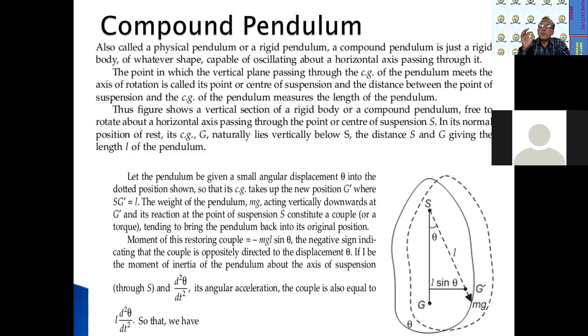And the compound pendulum is a rigid body, whatever may be the shape. वहां पे पहले धागा और बॉब जरूरी थे, यहाँ पे धागा और बॉब जरूरी नहीं, कोई भी शेप की बॉडी रहना, वो रिजिड बॉडी रहना, और वो रिजिड बॉडी किसी कील से लटका के ऐसी पोजीशन में रहना कि वो अपनी हॉरिजॉन्टल एक्सिस पर ऑसिलेट कर सके.